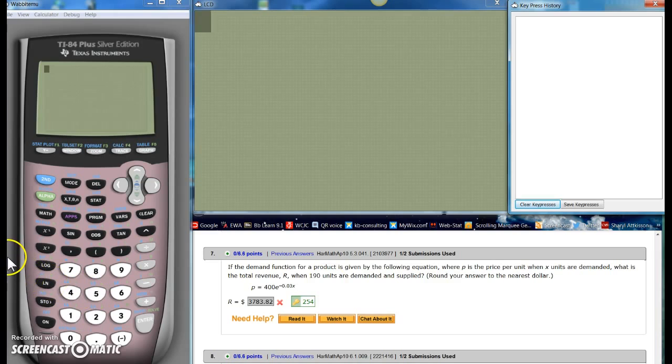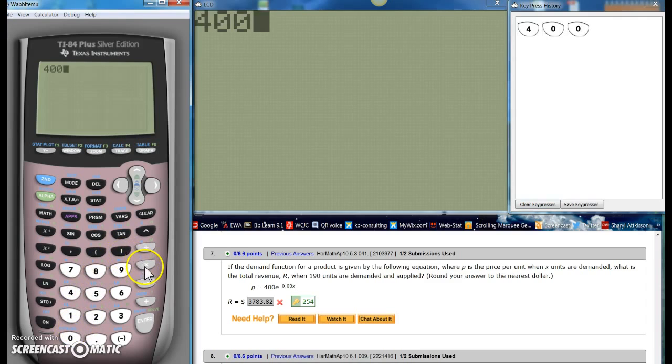So putting that into the calculator should look something like this. Your 400, and then multiply, use your E. Now E is second and plus.